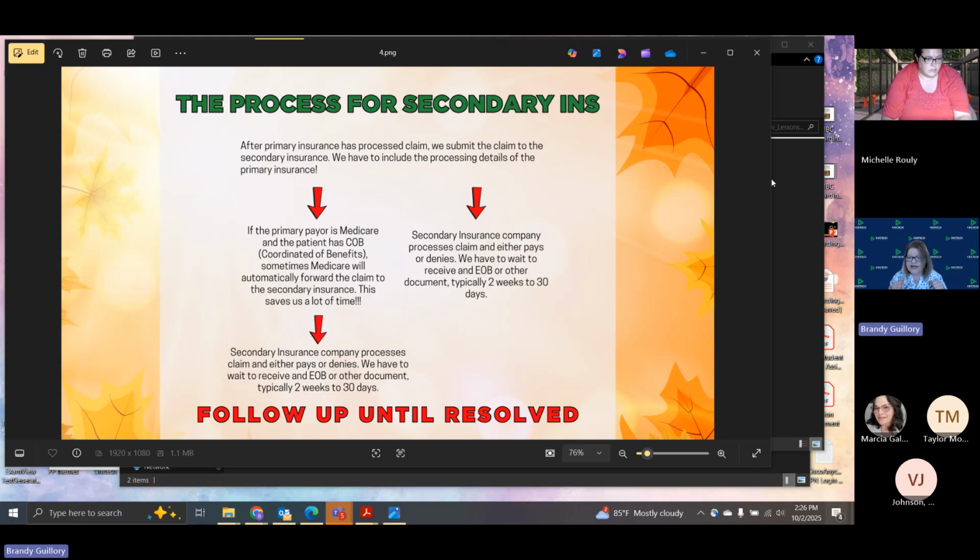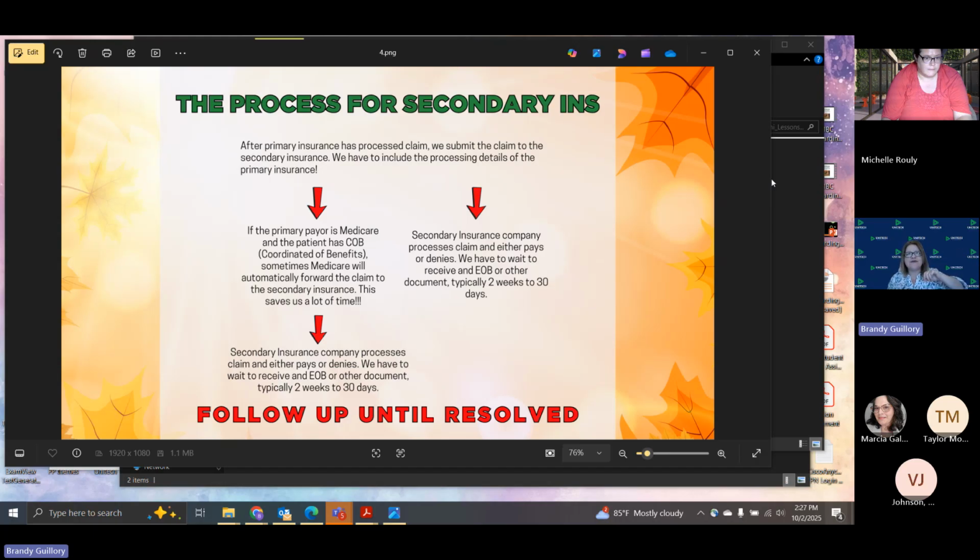I have a secondary. You're going to be my primary. They're going to be my secondary. And that way the insurance is aware of all the patient's coverage and they can do their thing. This is particularly helpful with Medicare because Medicare, if they are aware of the patient's secondary, will automatically send it to the secondary after they pay. So that saves us a lot of time on having to file to the secondary.